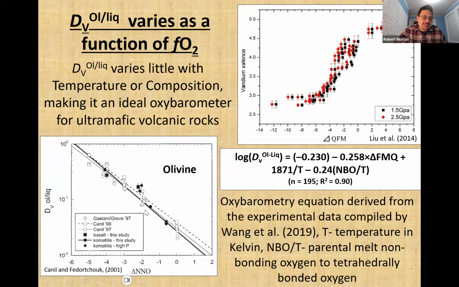Therefore, the partition coefficient goes down as oxygen fugacity goes up. Wang et al. 2019 is the most recent compilation of experiments relating this partition coefficient to oxygen fugacity, and they got this empirical correlation from almost 200 experiments across a wide variety of temperatures, melt compositions, and such.